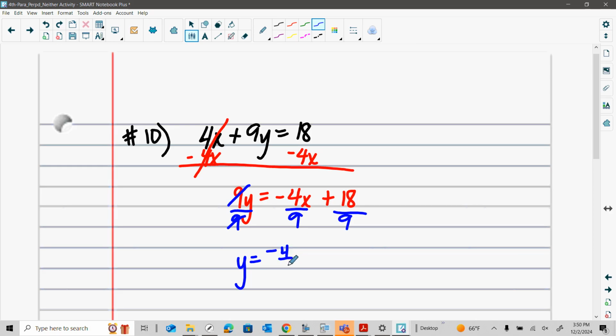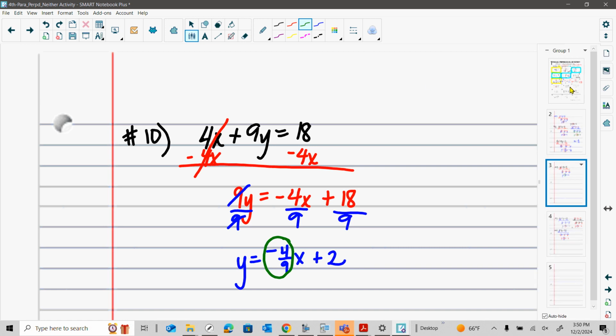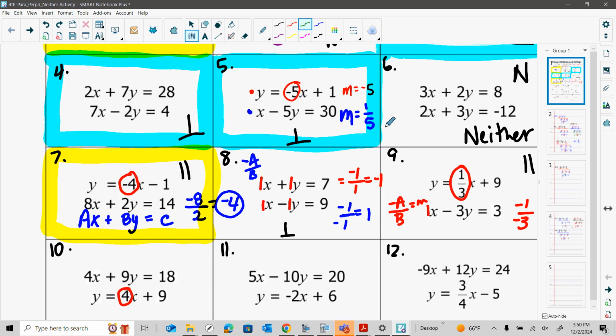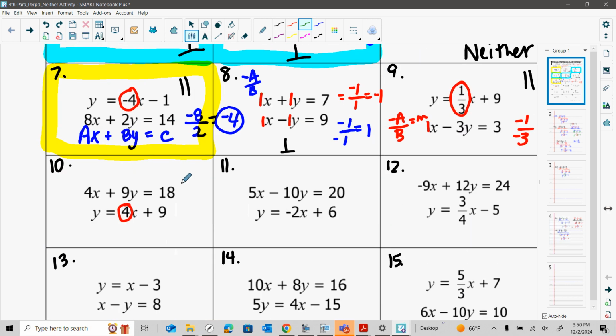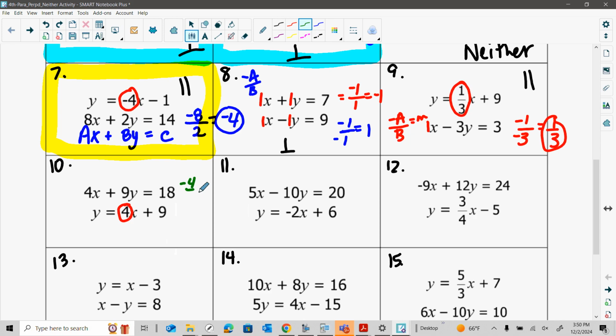Negative 4 over 9 x plus 2. Misread that. So we have the negative 4/9 here as our slope. And I can compare that to the other equation, I think it was just 4. Let's see. Yeah, so this one was 4/9. So this is going to be neither.